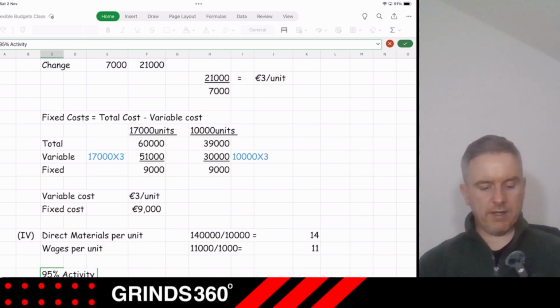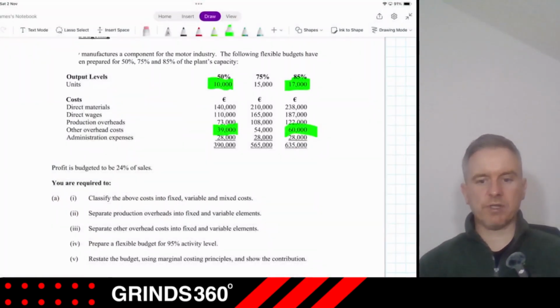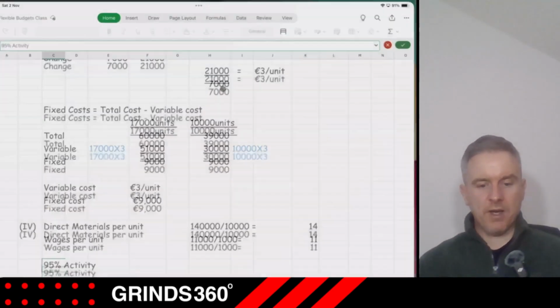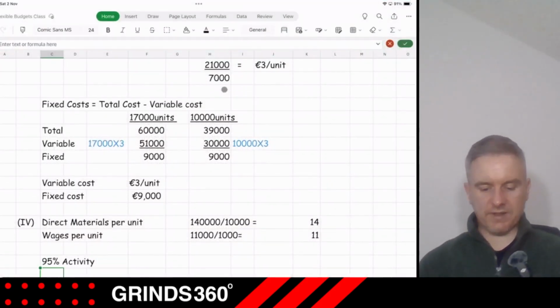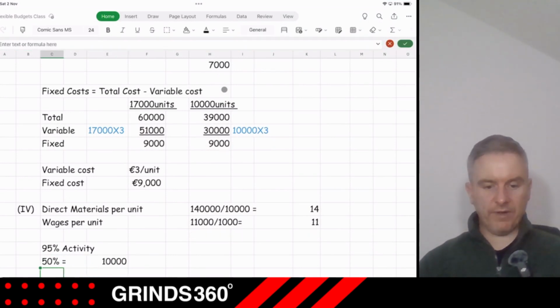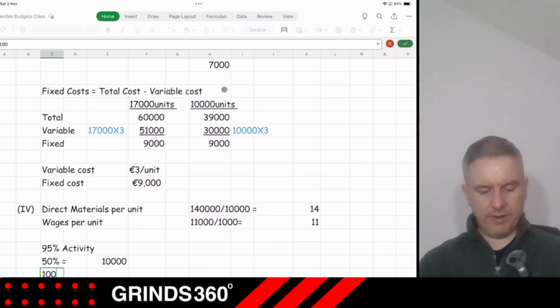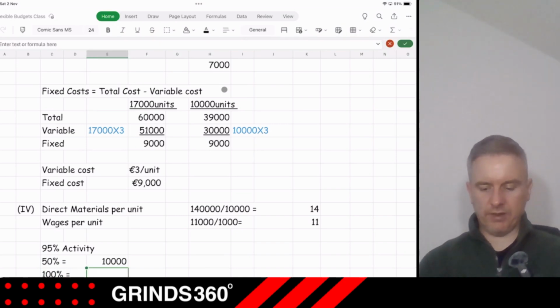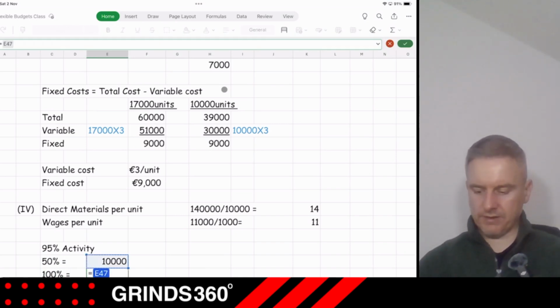So all we're saying here is that at the minute, when we produce at 50% activity, we're producing 10,000 units. So I think the easiest way for us to do this is take your first one. So 50% is equal to 10,000 units. Find out what 100% would be. So if you were to take 100%, you're coming along and you're saying, right, 10,000 divided by 0.5.